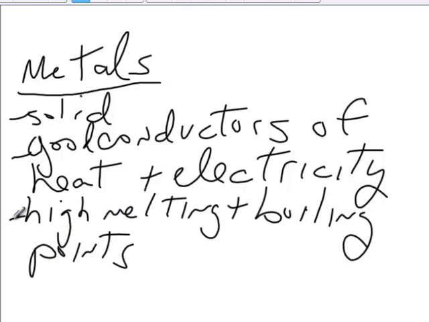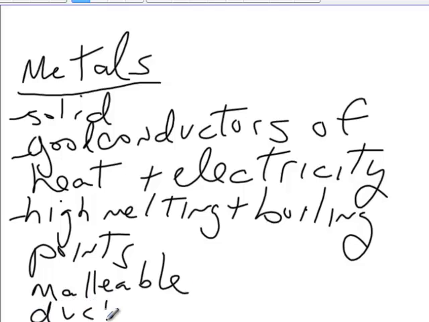They are malleable, which means you can mold them into shapes. They are ductile, which means you can pull them out into wire, like, for example, the electrical wiring in your house. All of those things are properties of metals.